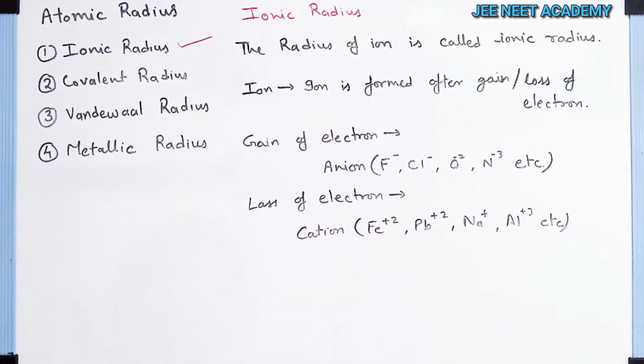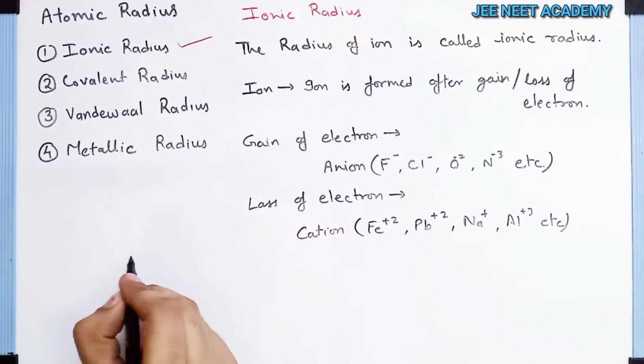Now we have to compare the radius of these ions. In comparing these types of ions, we will have four types of cases.